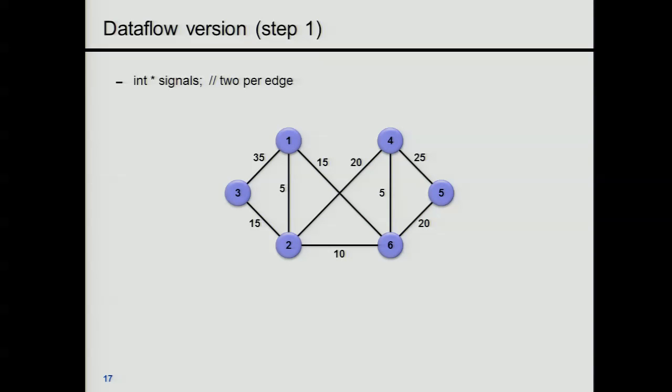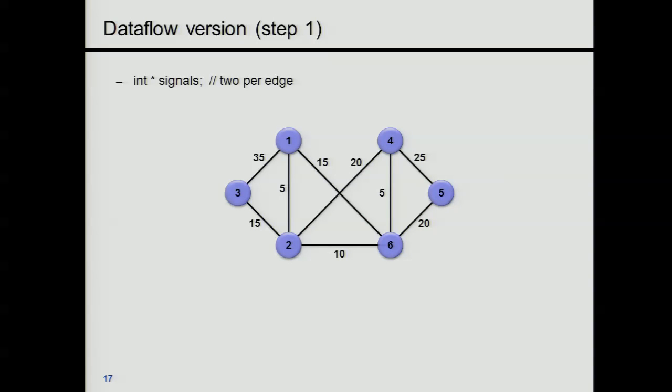Okay. So in the Dataflow version, basically, we're going to implement this idea of: I'm going to send you a signal if I want to match, and then if you send me a signal back that you want to match with me, we'll match and we'll be done. If not, I'll go ahead and choose my next neighbor. So I declare an array of signals.